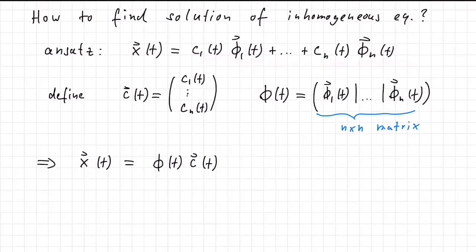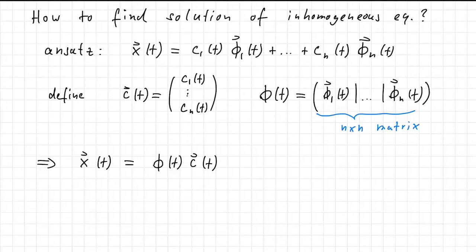Because the whole thing is a handful to write down, we make some small definitions to have a more compact notation. First we define a vector c of t, formed by all these coefficients. And we make an n by n matrix phi of t out of all the vectors phi 1 to phi n of t, by stacking all those column vectors together.